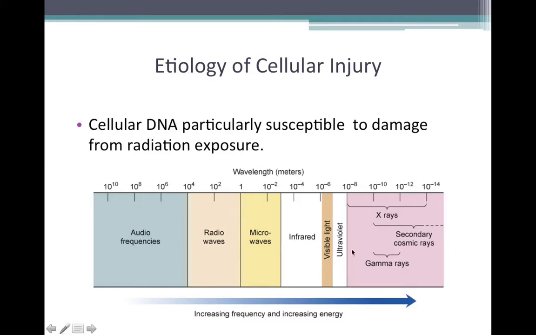So like UV exposure, and UV is actually a component of sunlight, that itself can damage some of the molecules in your body. Otherwise, exposure to things like X-rays and other cosmic rays like gamma rays can also lead to molecular damage. So it's important to limit your exposure to the UV and X-ray spectrum.